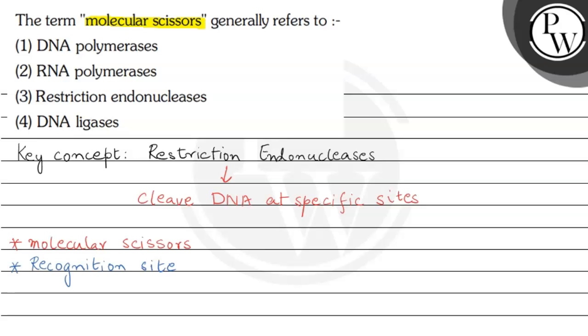So now if we see an example, then EcoRI is a type of restriction endonuclease. Now EcoRI can recognize the recognition site GAATTC and its complementary sequence CTTAAG.